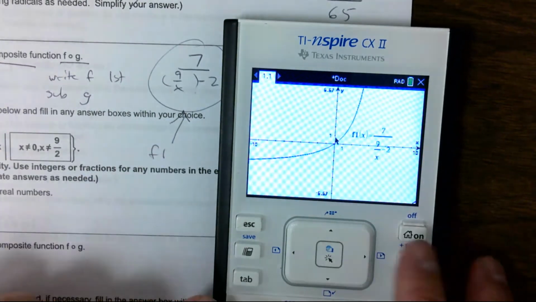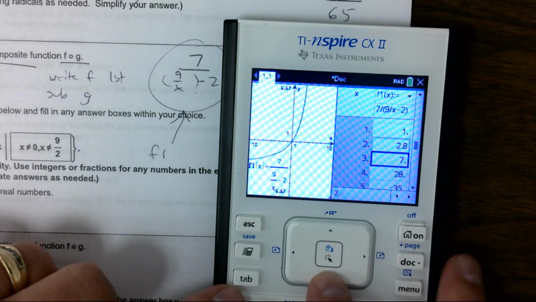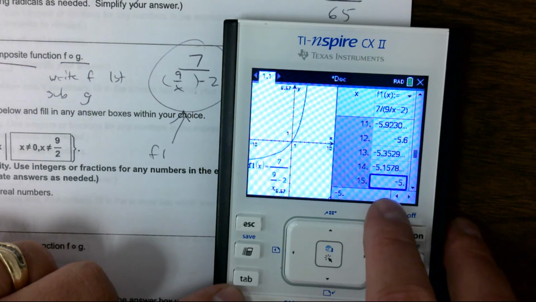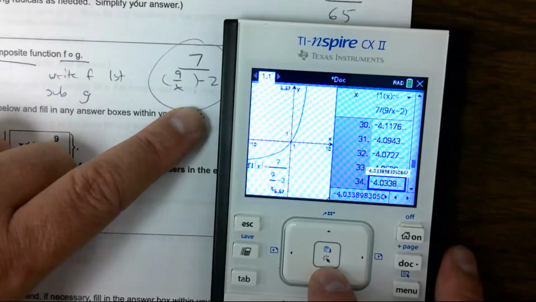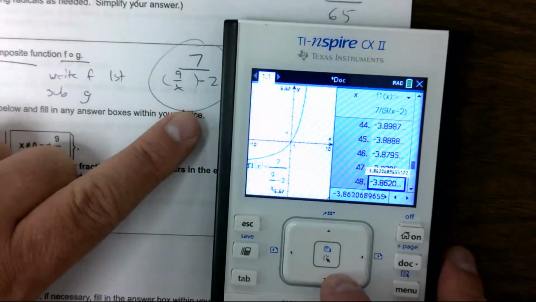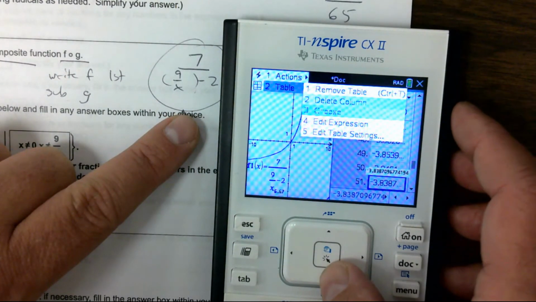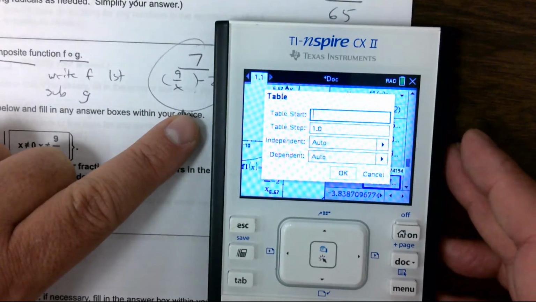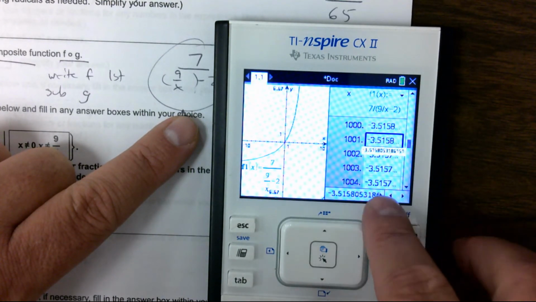So if I go to this, getting closer and closer to 0, actually closer and closer to -2, I think. Let's find out. If I start my table at 1,000, okay, we're getting closer and closer to -3.5.